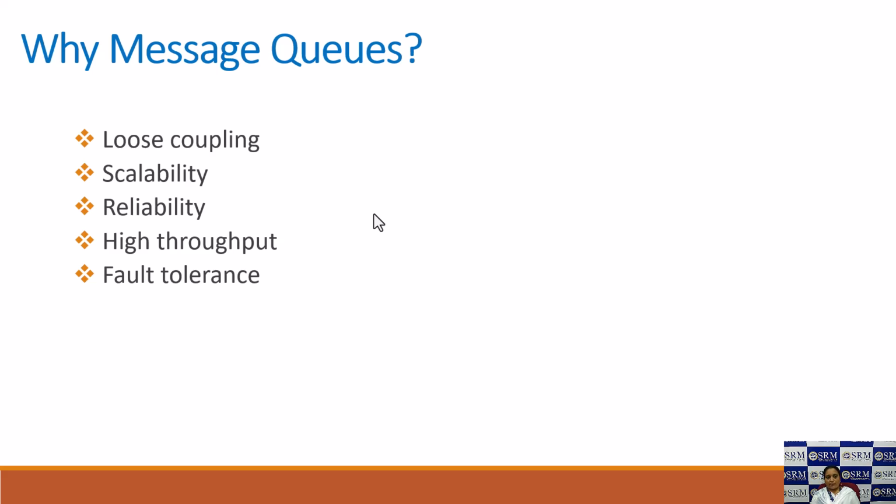So the message queues formed because of these four components should be loosely coupled, scalable, reliable, with high throughput, and fault tolerant. Because if there is any fault, data loss will happen, which is intolerable and cannot be accepted at all.